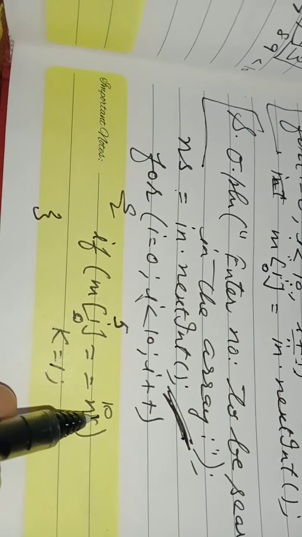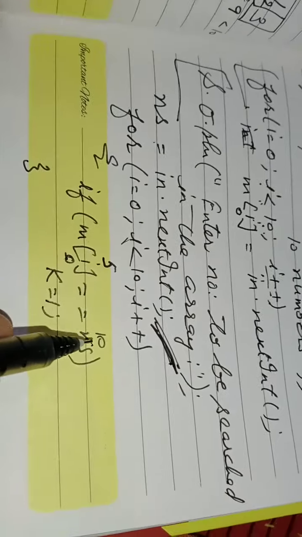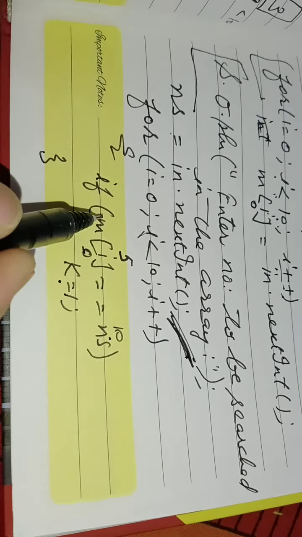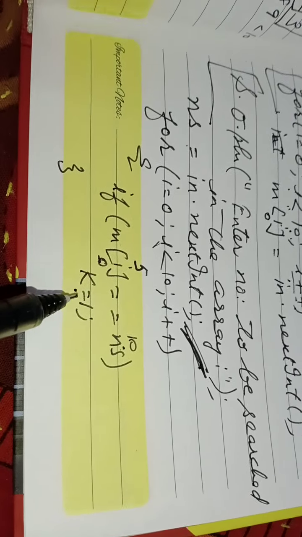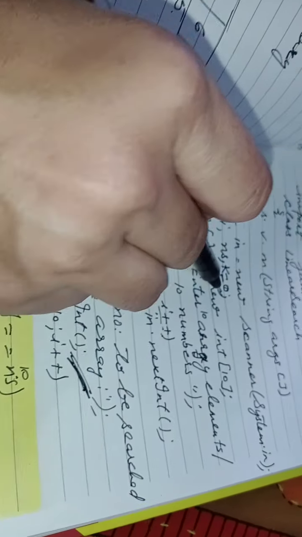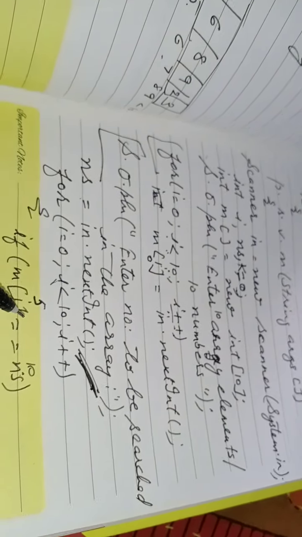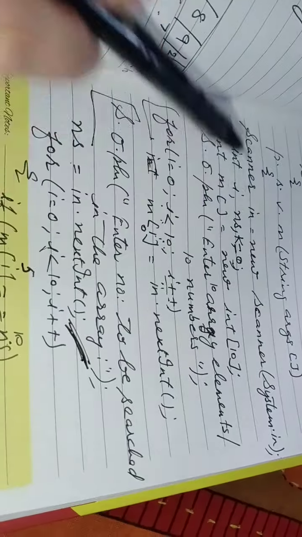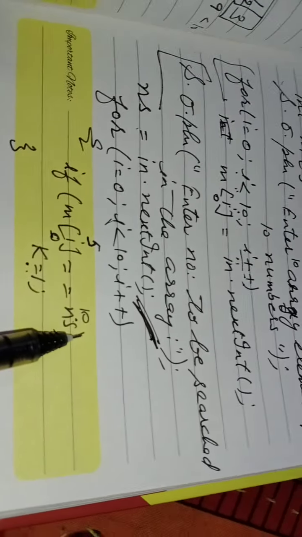When this condition becomes true, then k becomes 1. If the condition remains false, k will be 0. When the condition becomes true, k becomes 1, otherwise it will remain 0. Got it? k is 1 when this condition becomes true.